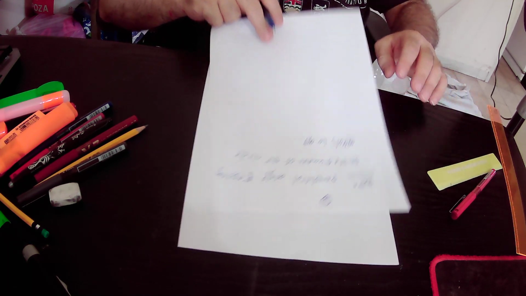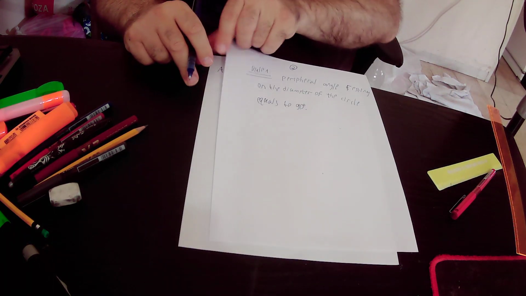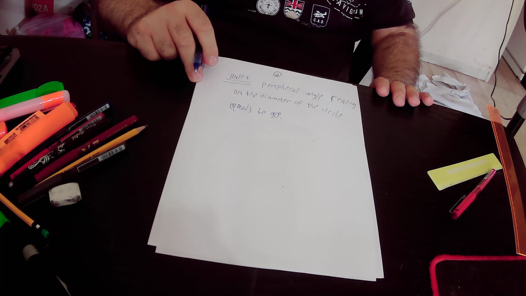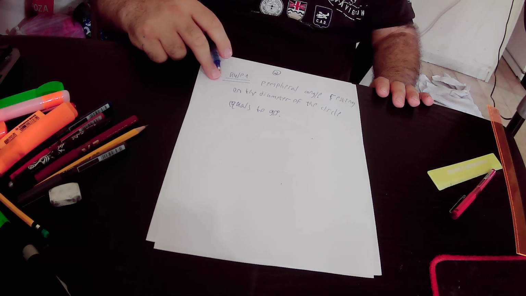I will read rule number 1 again. Rule 1 states that a peripheral angle resting on the diameter of the circle equals 90 degrees.